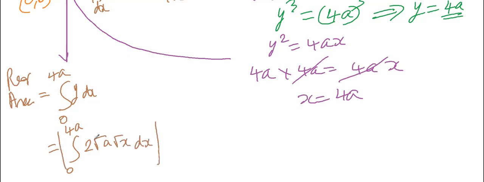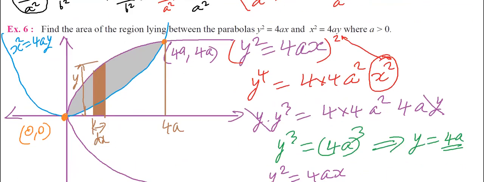Mod of this I am going to find, and then minus again integration 0 to 4a. This time I am going to take the elementary strip of this curve. So this will be my dx and this will be my y. Now this y I am going to take from which equation? From this equation. So from this equation, what is the value of y? It is x square upon 4a.